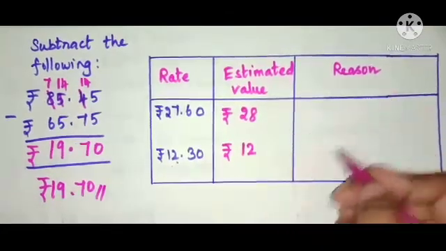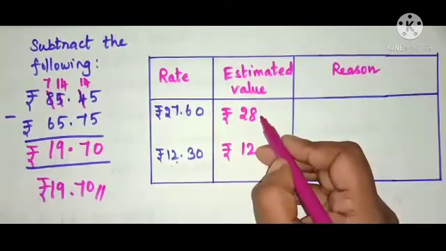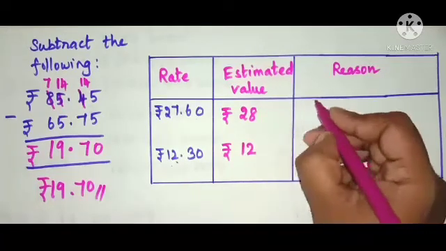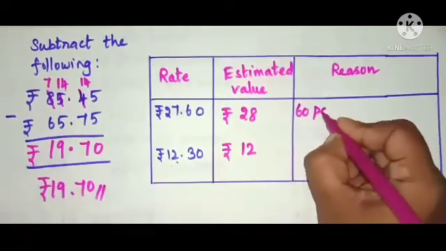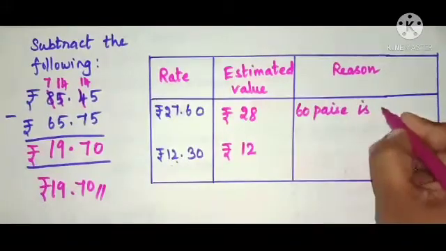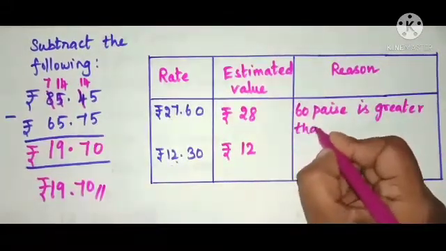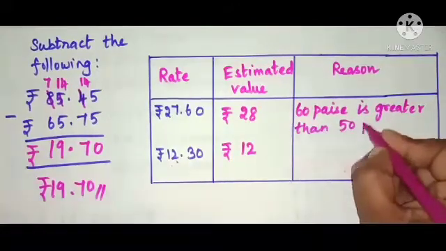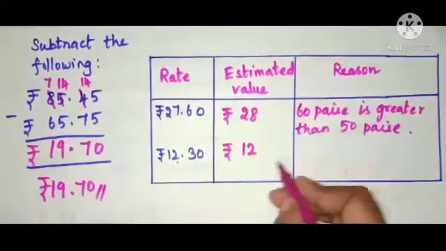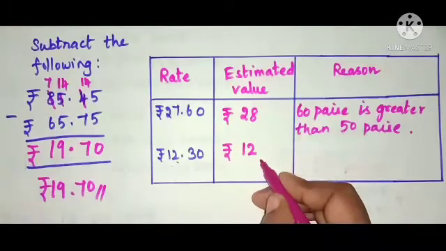Here, what is the reason? Here, the reason is 60 pice is greater than 50 pies. And here, what is the reason?